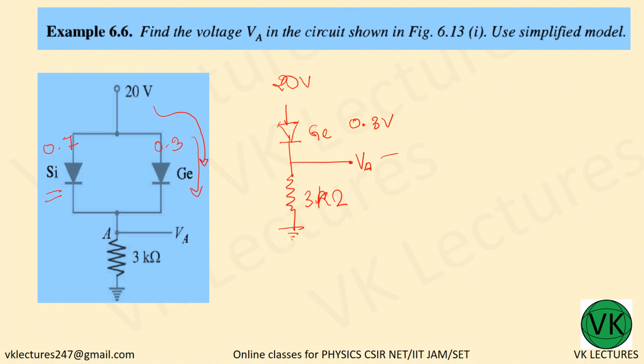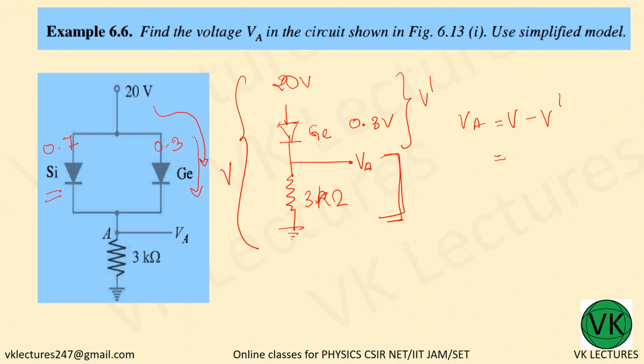Now what is this VA? The entire voltage V minus whatever voltage we have here, V dash. If this is VA, that means VA is with respect to the ground. The entire voltage VA is nothing but the total voltage V minus V dash, right?